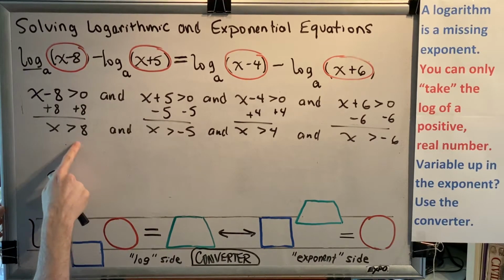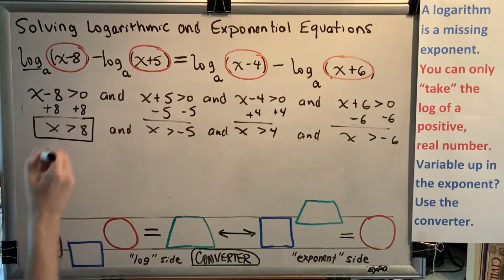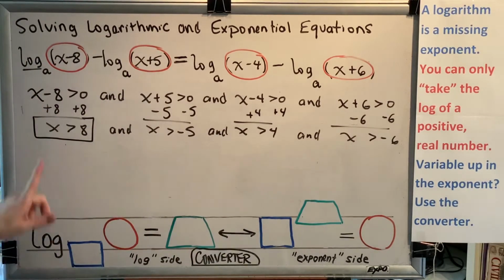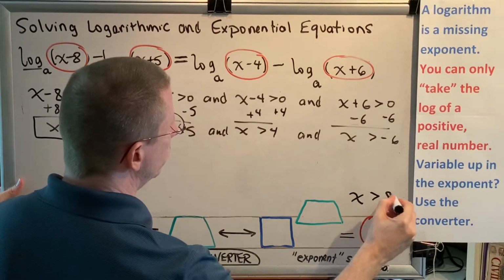Because if something is bigger than 8, like 9 or 10 or 11, then certainly it will also be bigger than negative 5. In fact, this one statement being true, x greater than 8, ensures that all of the other statements will also be true, and therefore this is the only one we need. Our domain is x is greater than 8.